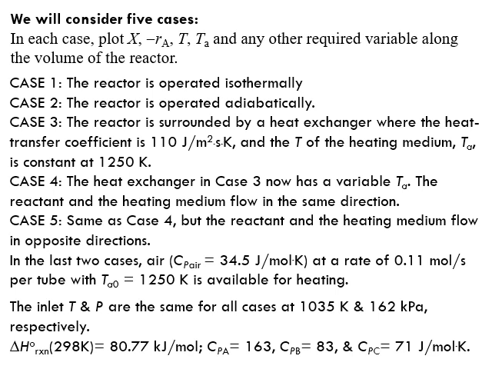The standard delta H of reaction at 298 is given as 80.77 kilojoule per mole of acetone. You can see that delta H of reaction is positive, therefore the reaction is endothermic. Does it make sense? Yes, it does, because it's a thermal cracking reaction, so you need to provide heat to break the bonds. Then we have the Cp for A, B, and C, all given.